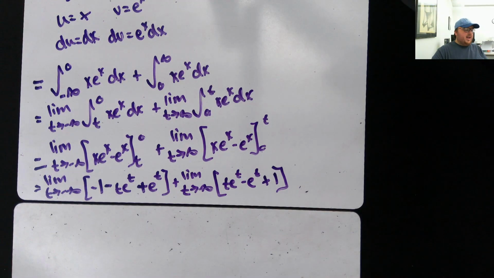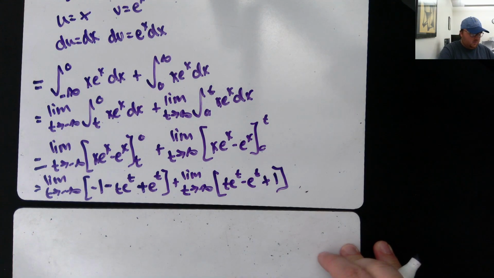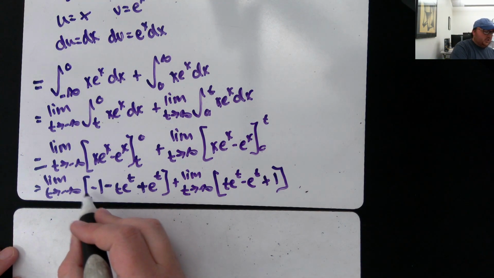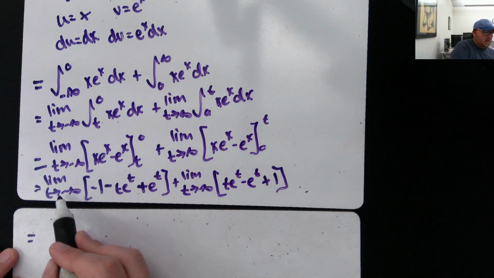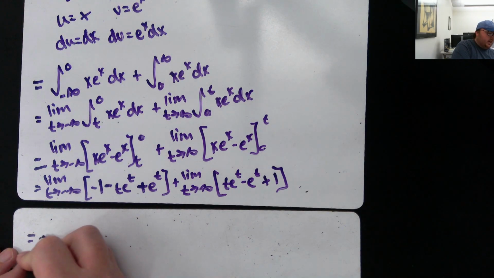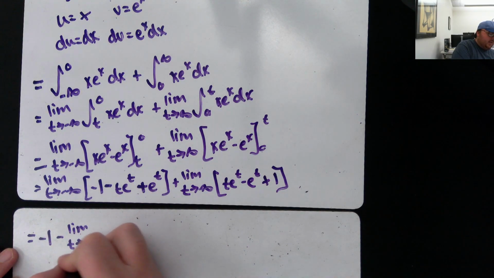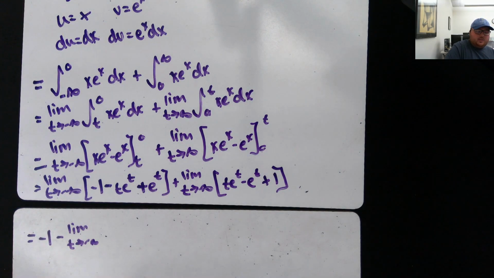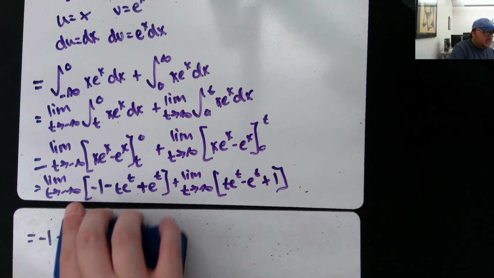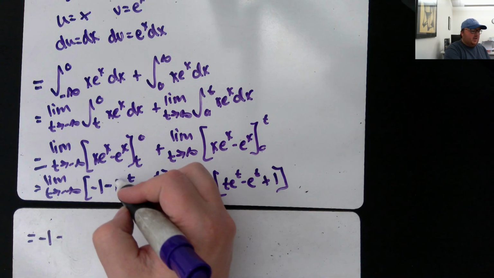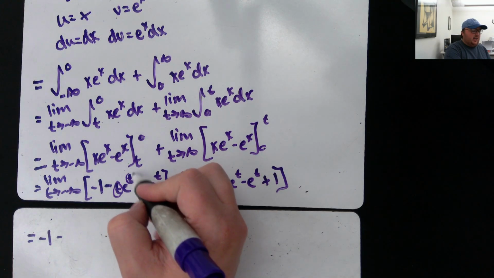As t goes to negative infinity. So the negative 1 is just the negative 1, right? The limit of the negative 1 is just negative 1. Minus the limit as t goes to negative infinity of this round. So what that is going to do is put a negative infinity here and a negative infinity here, right?